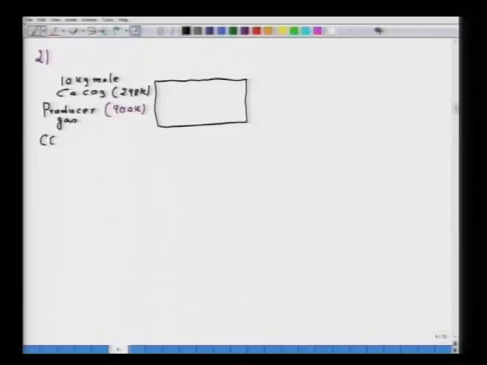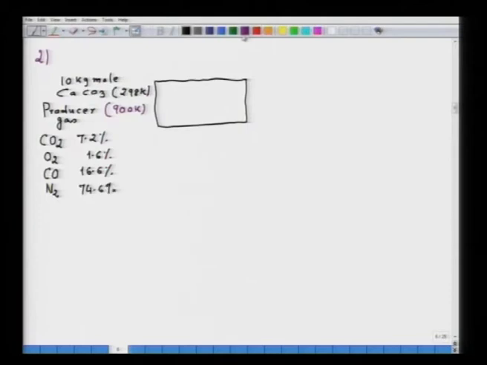So, the composition of producer gas is given: it has CO2, oxygen, carbon monoxide, and nitrogen. Now, CO2 is 7.2%, oxygen 1.6%, carbon monoxide 16.6% and nitrogen is 74.6%.